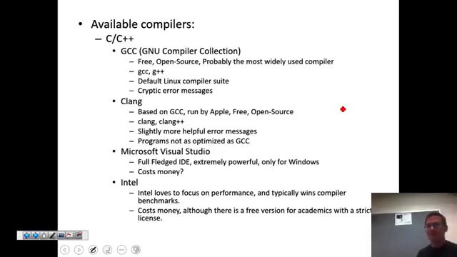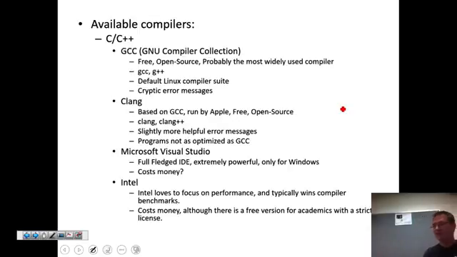First, we're going to talk about C and C++. The first one is the GCC, which stands for GNU compiler collection. And I think they have over a dozen different languages in this compiler collection. It's free, it's open source. I'm assuming it's kind of the most widely used compiler out there for those reasons.